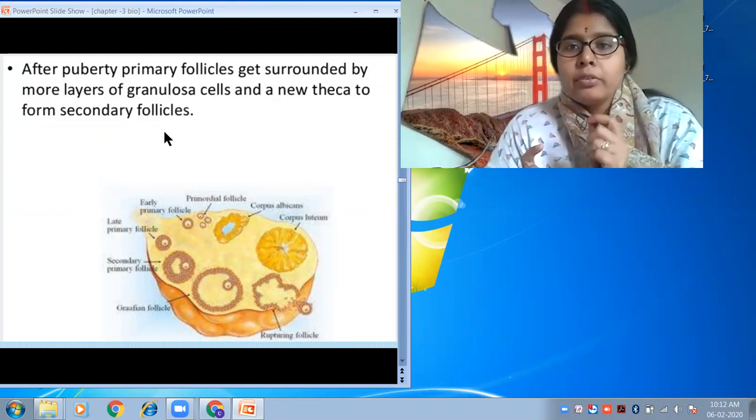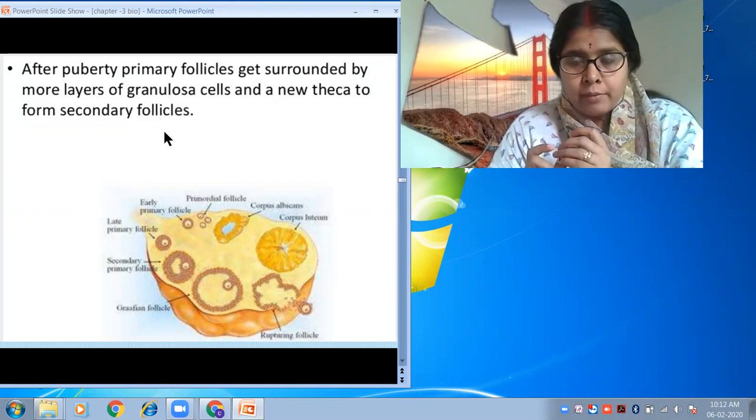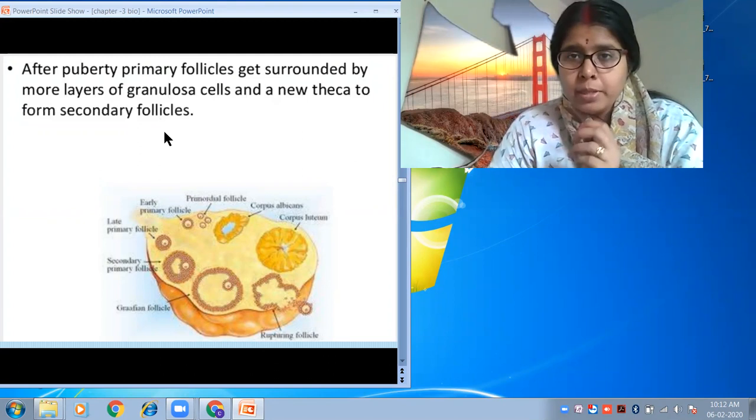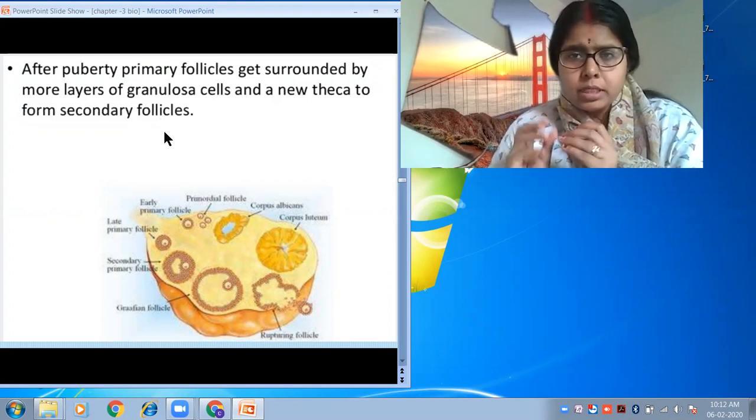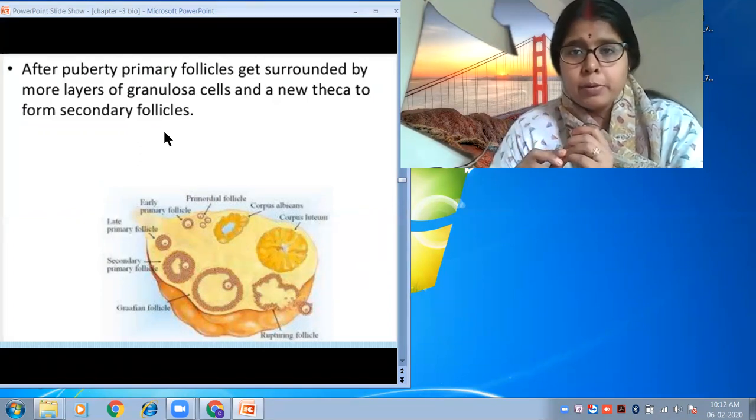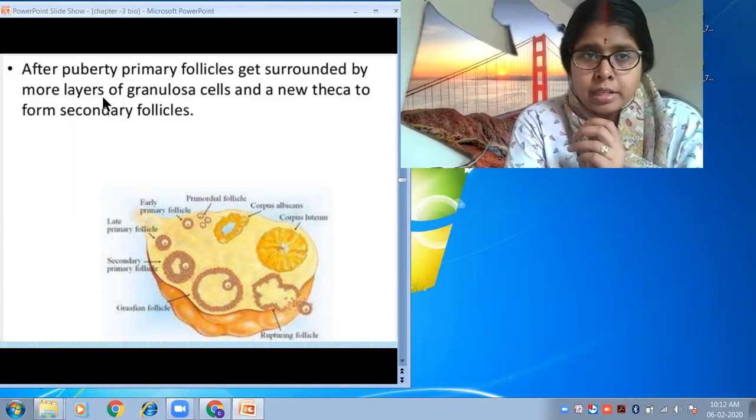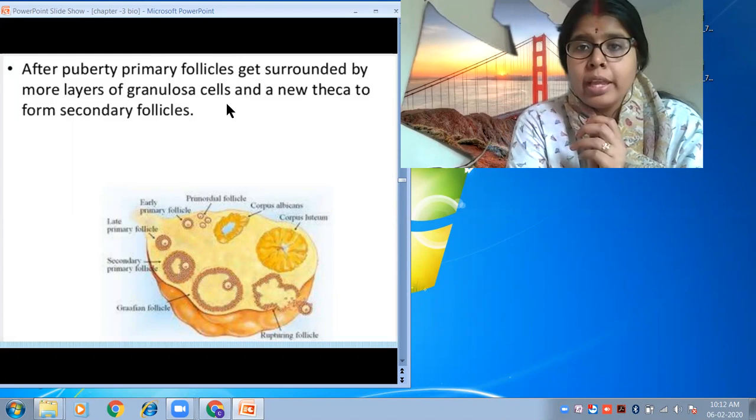Generally the immature ovary has immature follicles, and after puberty, the phase of development of maturity in females, the secondary sex organs form. That age is 12 to 13 onwards, the puberty phase. At puberty the primary follicle gets surrounded by more layers of granulosa cells.